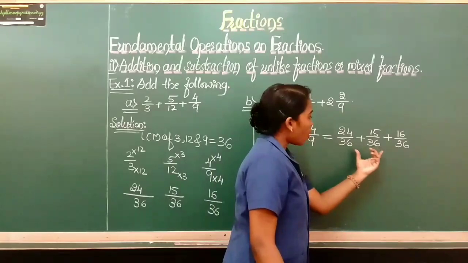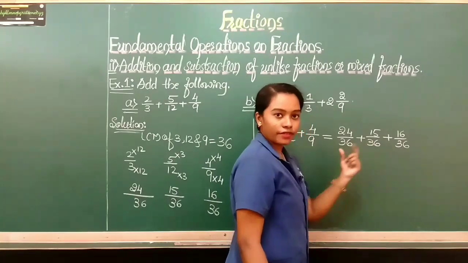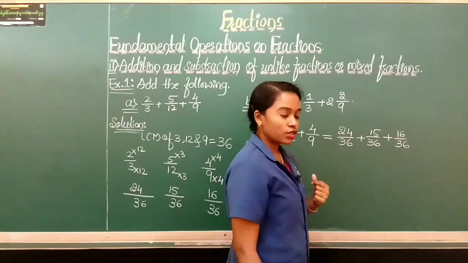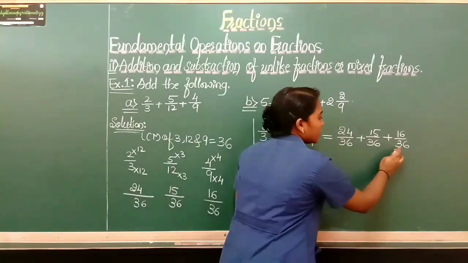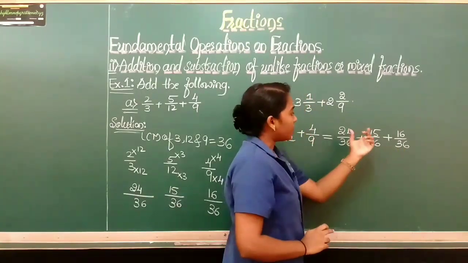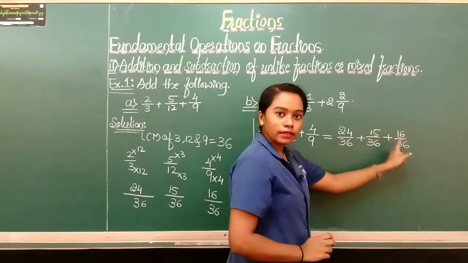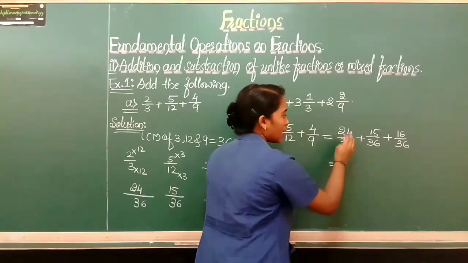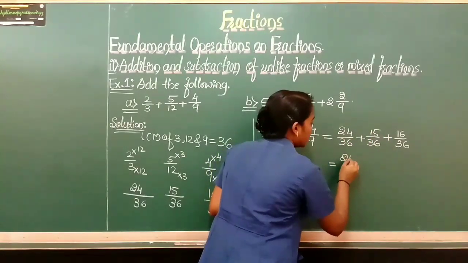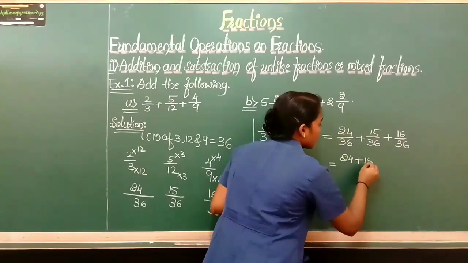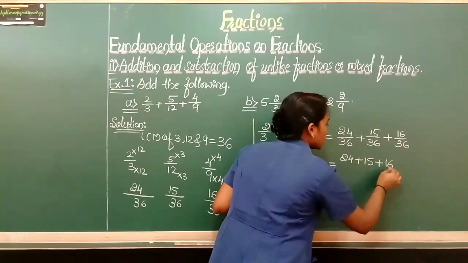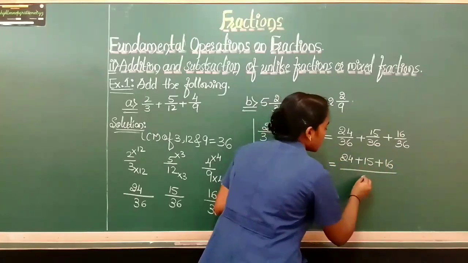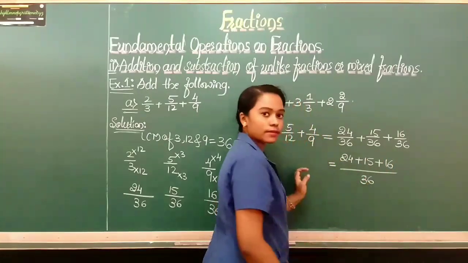See here, all are like fractions. You know how to add like fractions. The denominators are the same, so we add only the numerators: 24 plus 15 plus 16, divided by the denominator 36, which we write as it is.